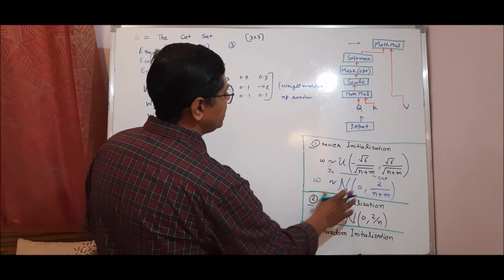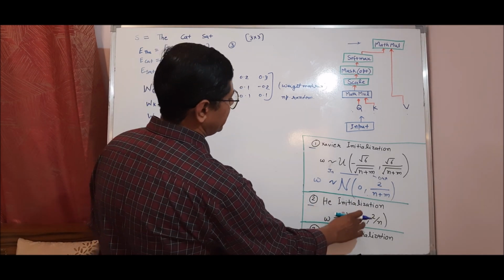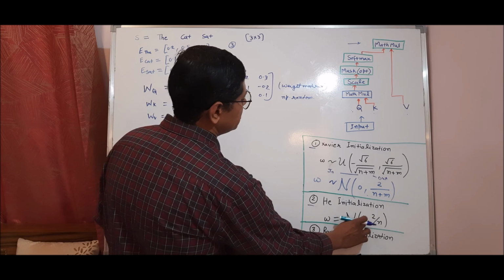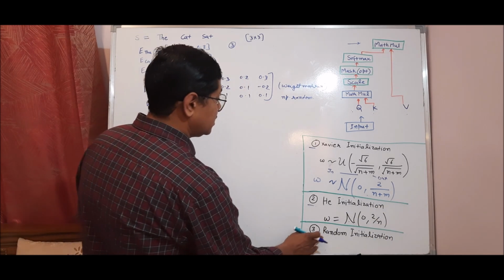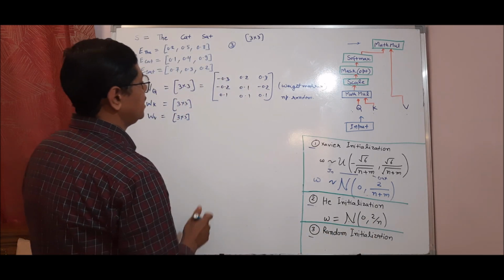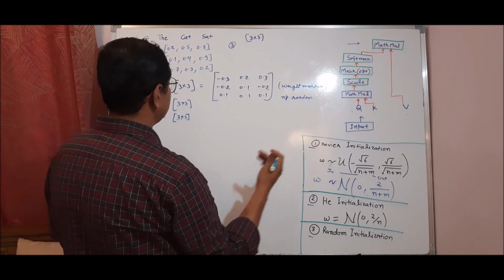Another way is He initialization. So we can take the normal distribution with mean 0 and variance 2 divided by n, where n is the input dimension. And third is the random initialization. This is not a fully random initialization.